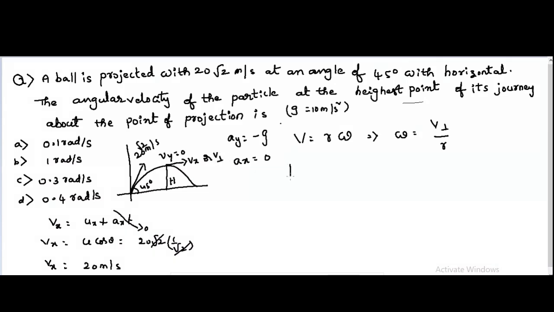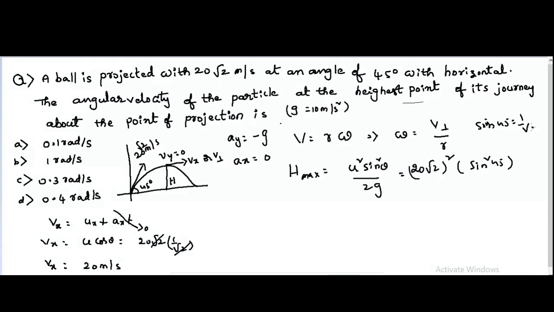From the relation H max equals U square sine square theta by 2g in oblique projectile, substituting the values: 20 root 2 whole square times sine square 45. Sine 45 is 1 by root 2.